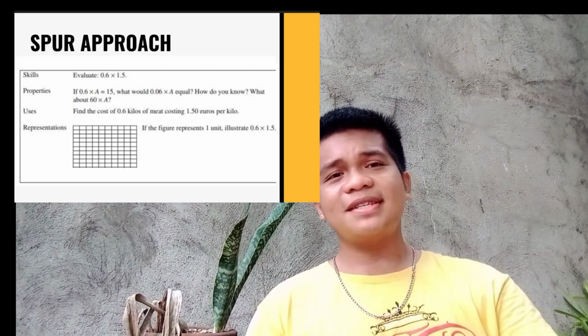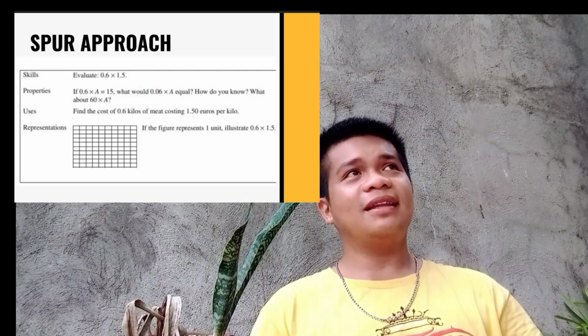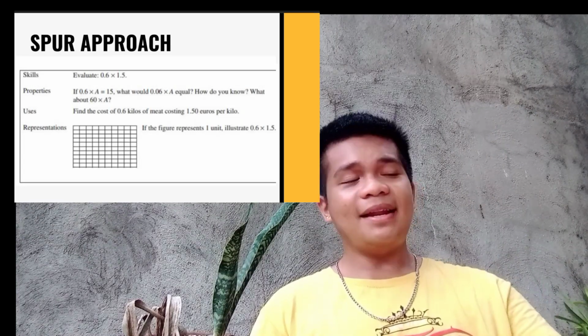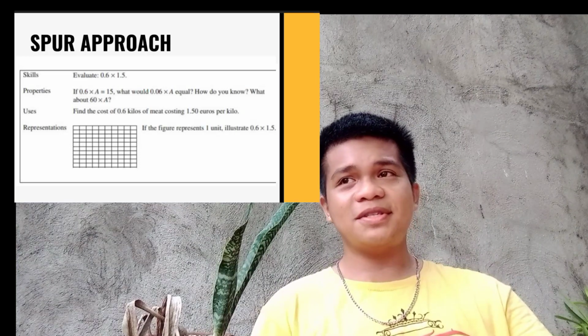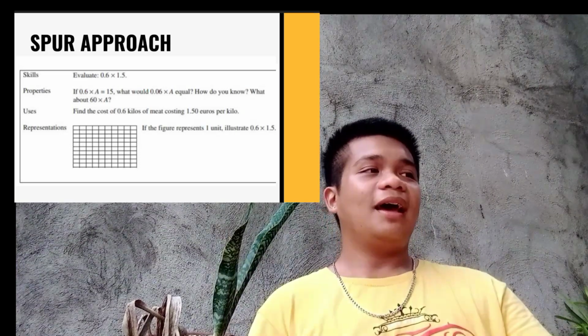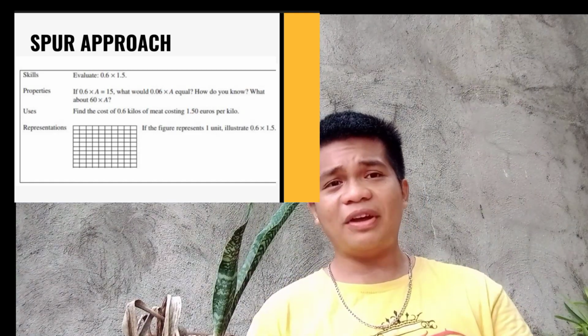So, from 0.6 times 1.5, the students themselves can realize that it can be applied in purchasing meat. Say, for example, you purchase 0.6 kilos of meat, and the price per kilo is 1.5 euros.